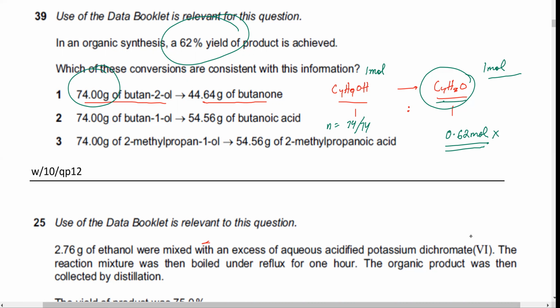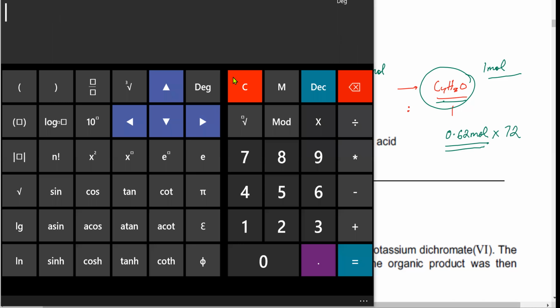The Mr of this substance is going to be 48 plus 16, that's 64 plus 8 is going to be 72. So the Mr comes out to be 72 and it's going to be 0.62 multiplied by 72. And if we do that, we get 48.